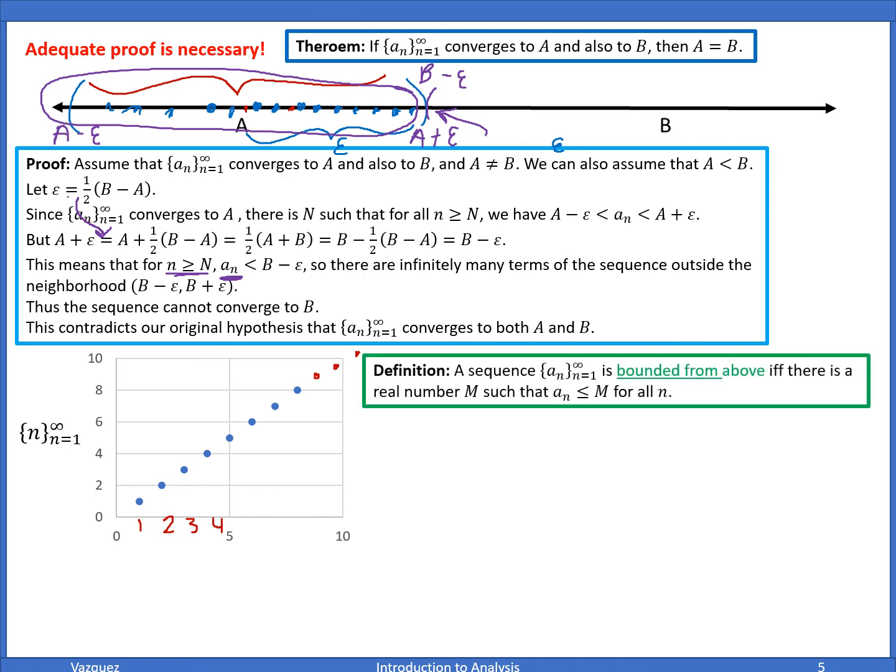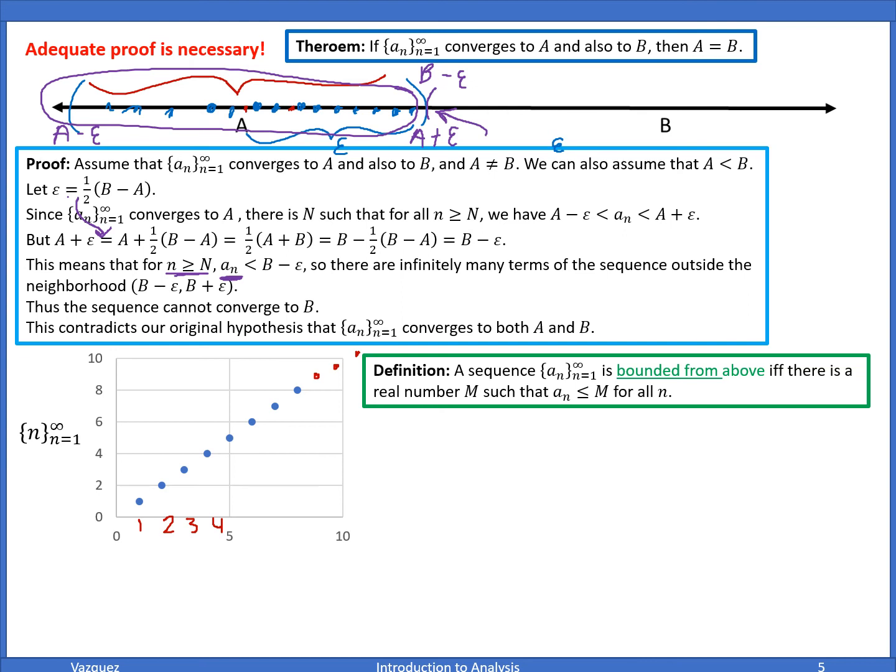We say a sequence a sub n is bounded from above if and only if there's a real number m such that all the terms of the sequence a sub n are less than or equal to that m for all n, meaning all the points have to be less than that m. So bounded from above, your intuition's probably telling you the right thing.